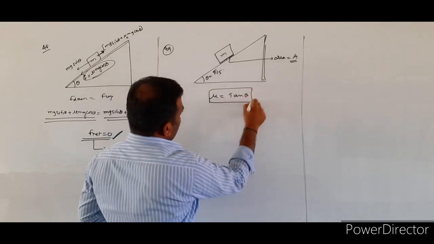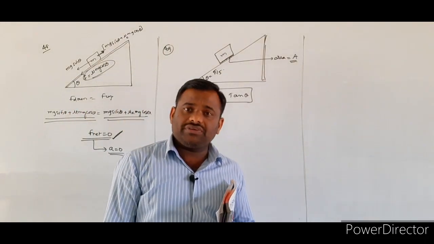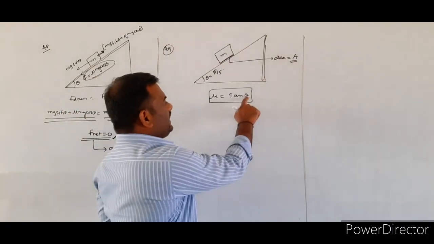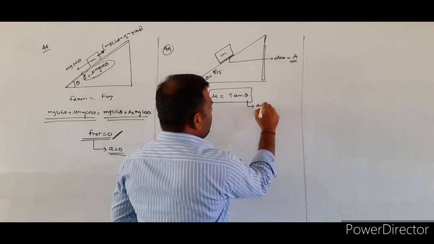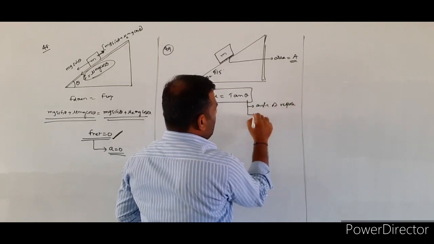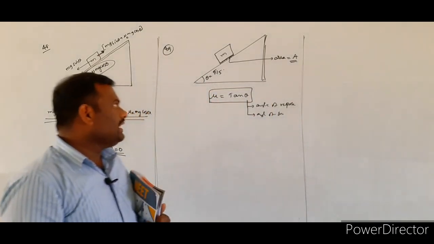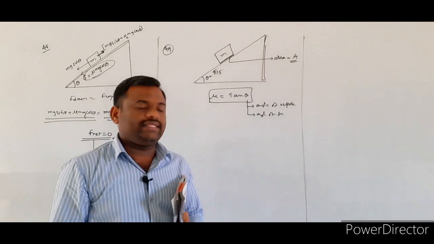Mu is equal to tan theta. Already we have the relation between the coefficient of friction and theta. Theta is either the angle of repose or the angle of friction. So, here mu is equal to tan theta.